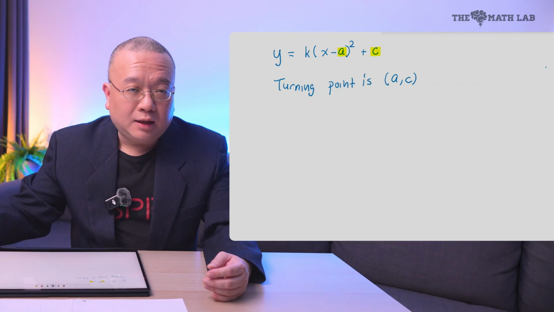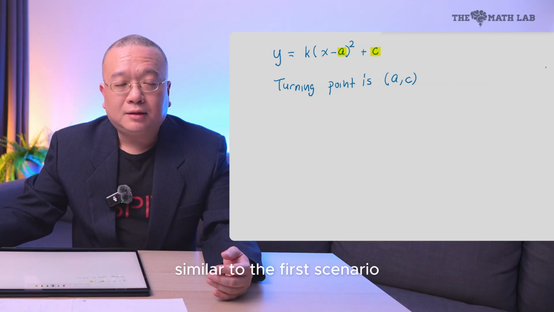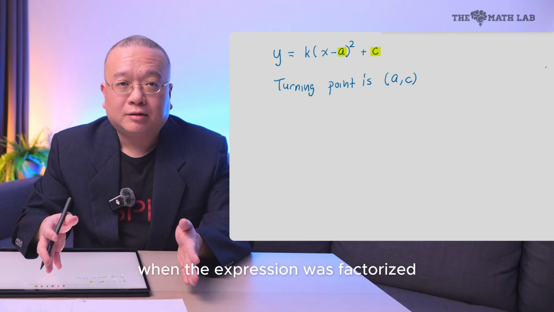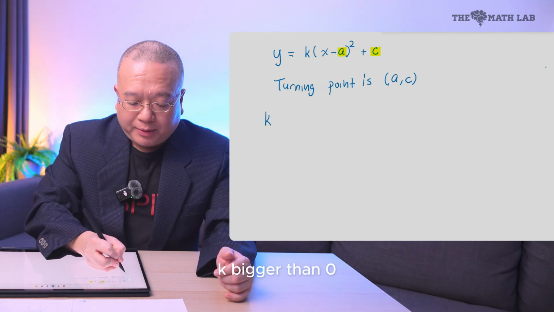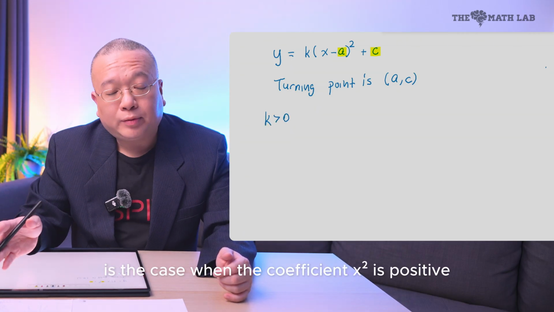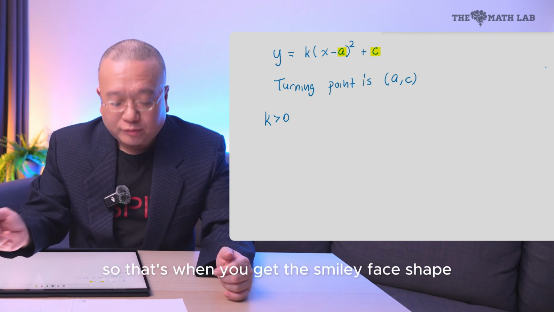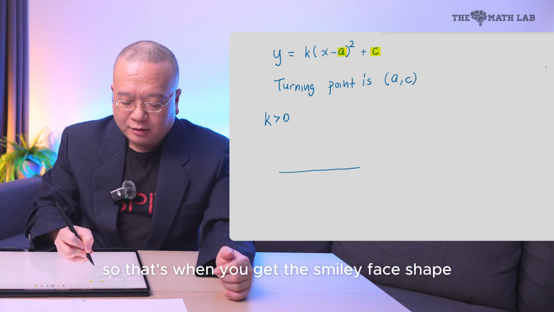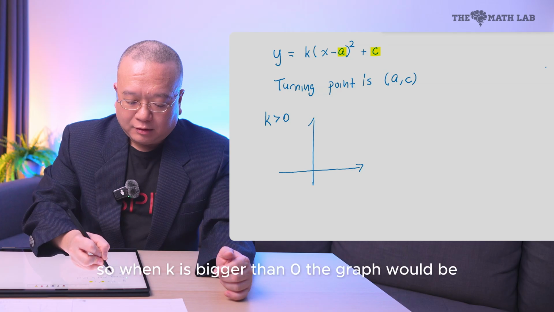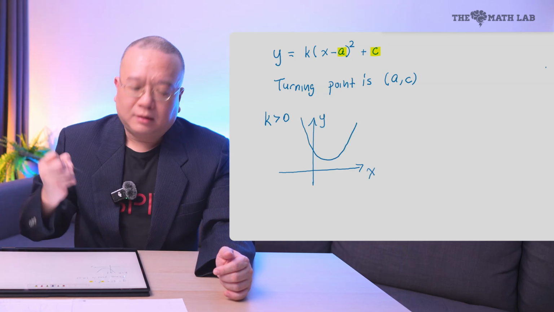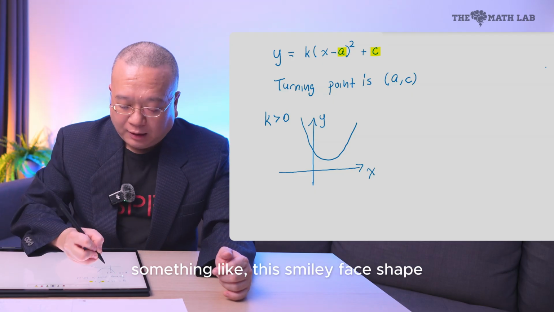Okay. Again, similar to the first scenario when the expression was factorized, k bigger than 0 is the case when the coefficient of x squared is positive. So that's when you get the smiley face shape. So when k is bigger than 0, the graph would be something like this.